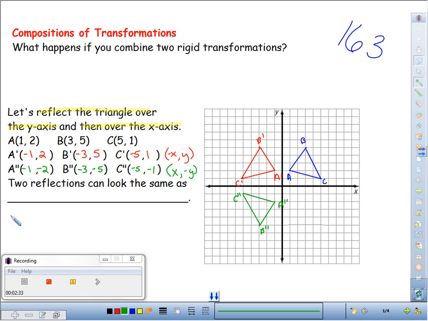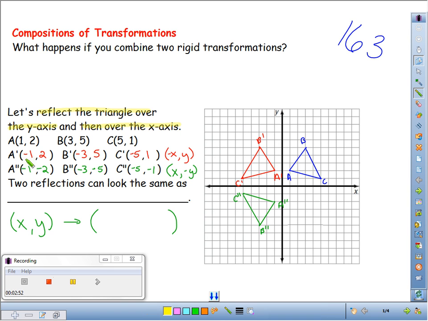So let's look at our coordinate notation here between the blue figure and the green figure, our pre-image and our double prime image. So between x, y, our first figure reflected. What happened to our x-coordinates? Well, if I look here at the 1, 1 changed into negative 1, so that would be an opposite x. 2 changed to negative 2, so that would be opposite y.